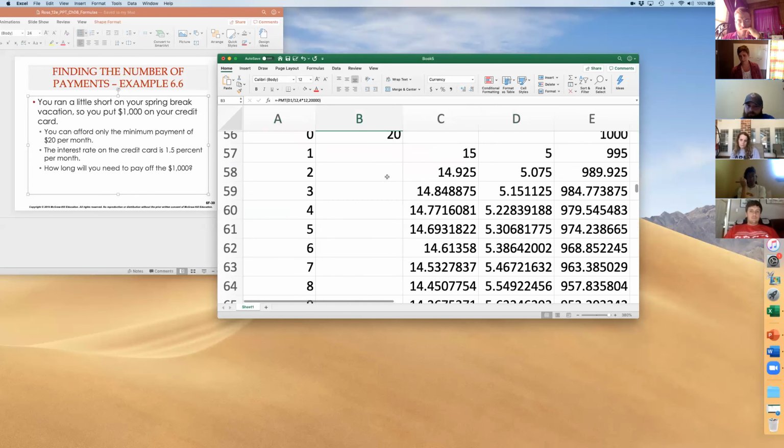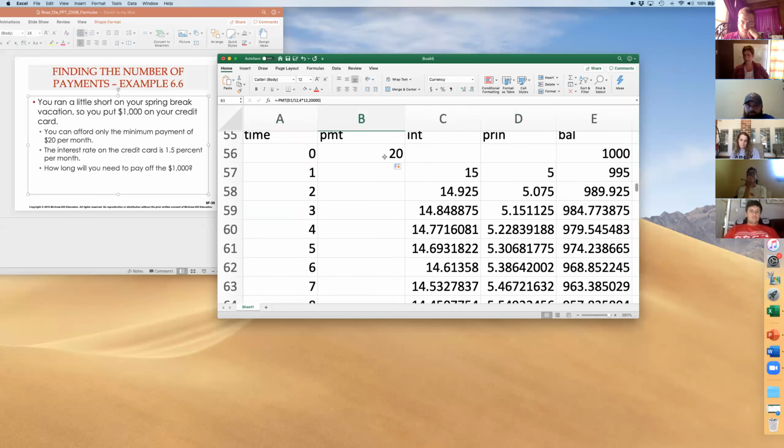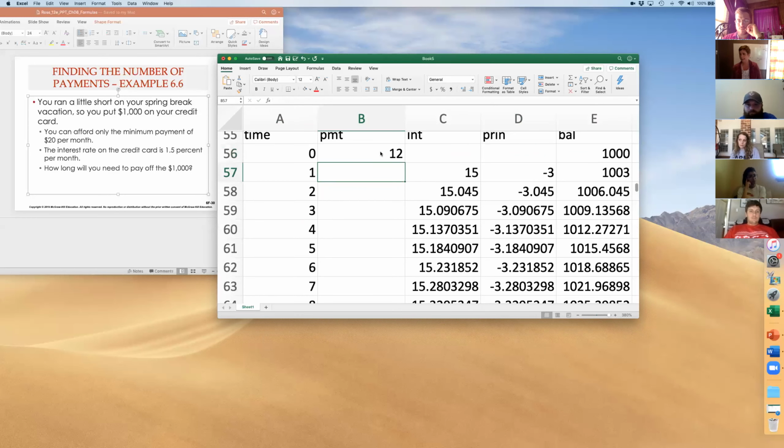Here we go. If you make the minimum payment, you can see at best you're making a small contribution to the principal, but a lot of them are set up to where they're actually negative amortizations, which means, let's say that they set the payment at $12, right? If the minimum payment is $12, then you owe $15 of interest after that first month.